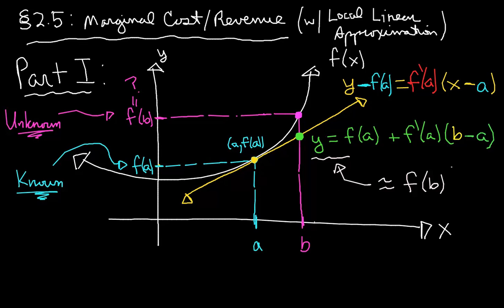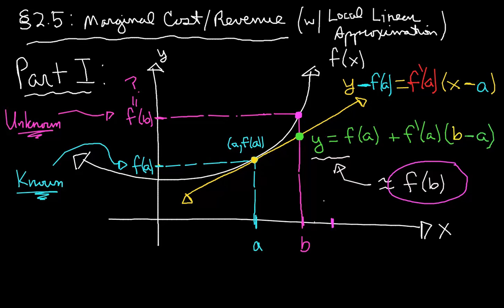Why is that? Because this line is reasonably close to the graph of the function. As you can see, as you go further away from the known point a, if we push b further down over here, for example, then the gap between the line and the function is larger. And so that's why we call this a local approximation, because it only works if b is close enough to a. Of course, you could take b a little bit below a and the idea would be the same.